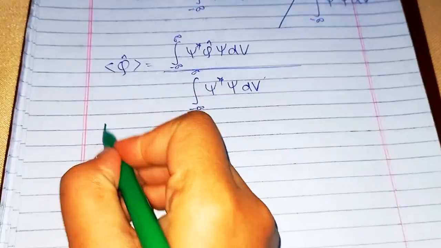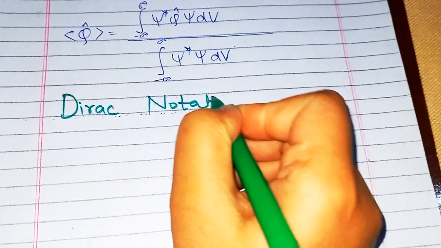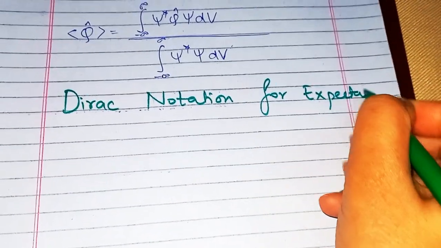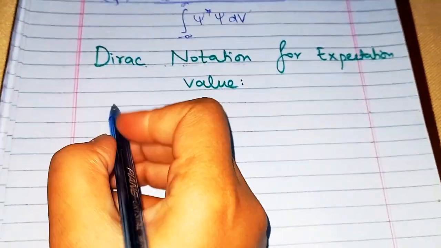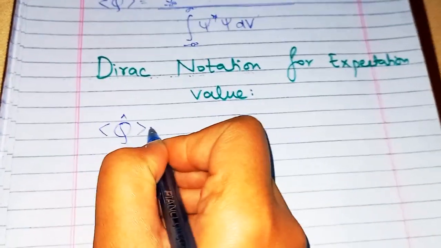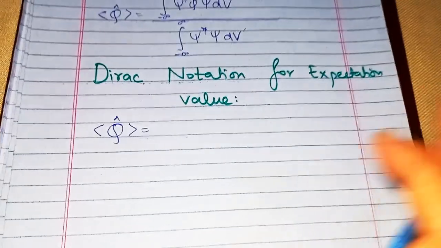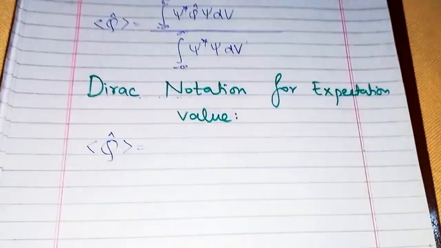So let's write the Dirac notation for the expectation value. Let's say we have the Q operator. We are writing it in general, which is why I'm not using any particular operator, such as Hamiltonian or momentum.